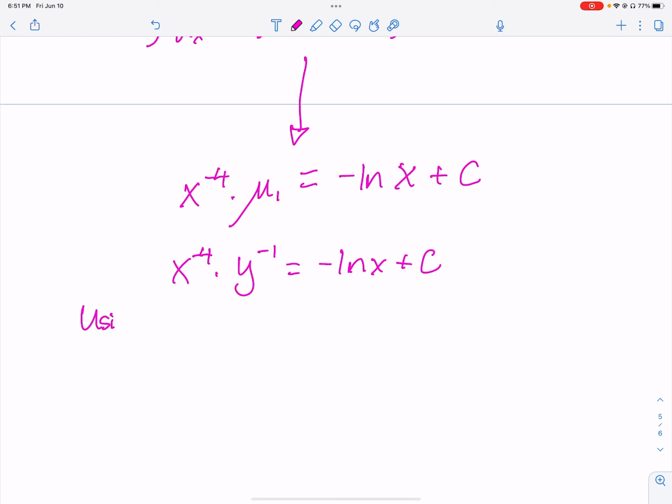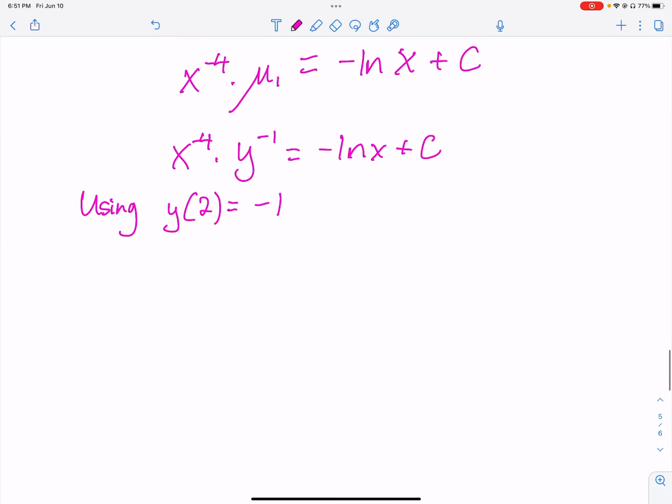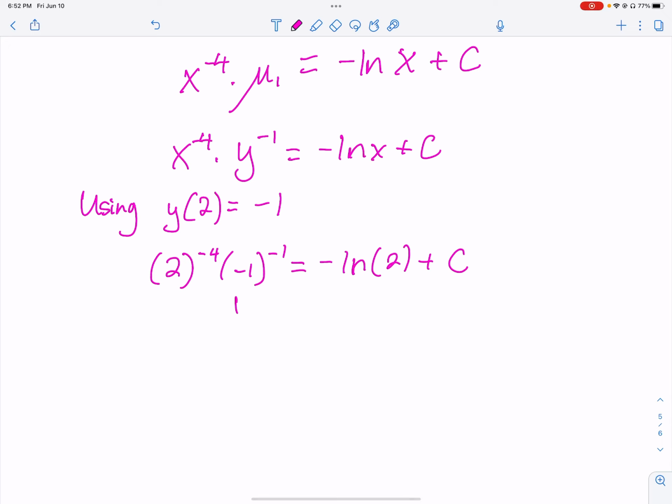Now we're going to use our initial condition. Using y of 2 equals negative 1, we plug all that in here. 2 is x, y is negative 1, and we're trying to solve for c. So we get negative ln of 2 plus c, and the left side becomes 1 over 32, equals negative ln of 2 plus c.